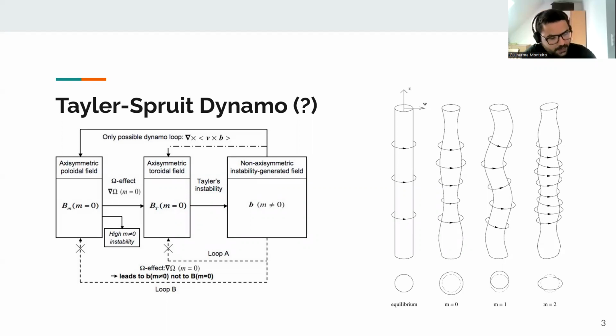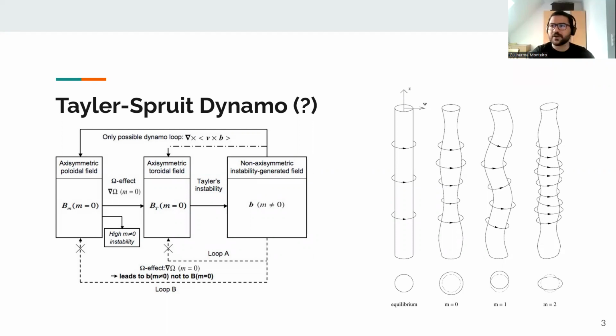This idea was presented at first in 1999 by Spruit, where he presented this theory where the dynamo could occur in a radiative zone. In his theory, the omega effect would be represented by a differential rotation in the radiative zone, while the alpha effect would be created or managed by the Tayler instability.